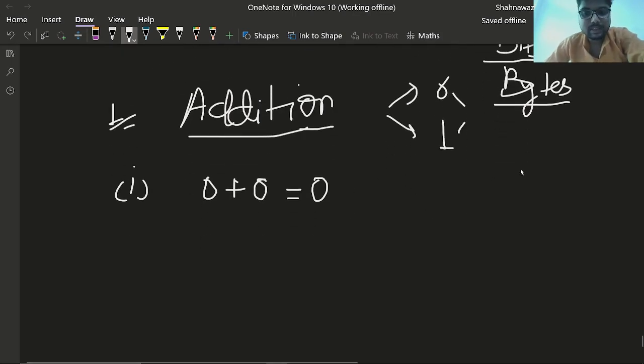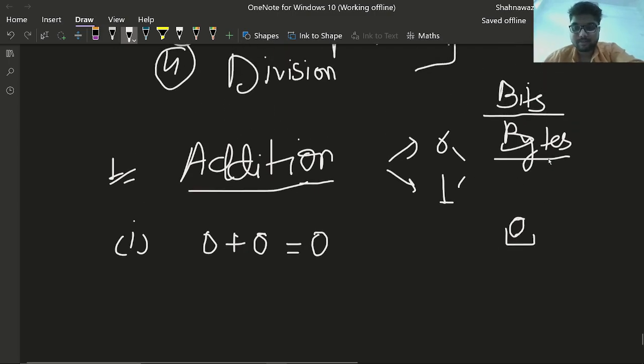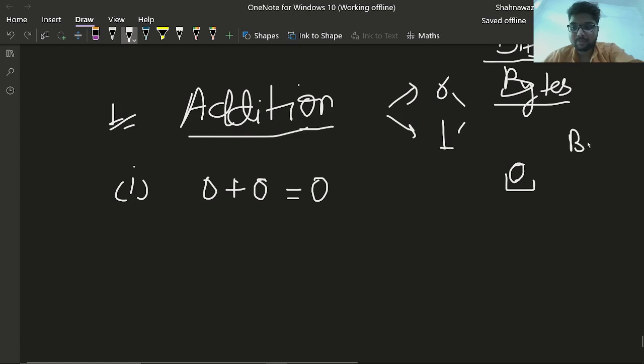Each single digit in a binary number system is known as a bit. It represents a single entity. What is a byte? A byte is a collection of 8 bits. When you are given a byte, it is a collection of 8 bits.